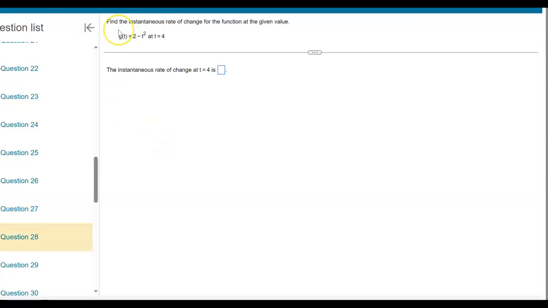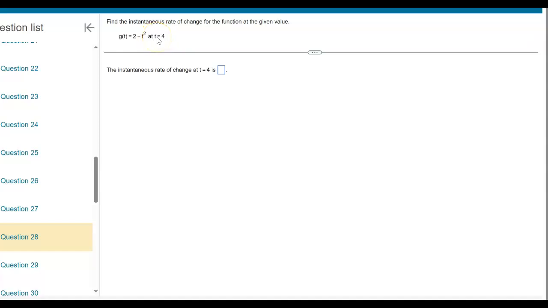Now for this next problem, we are to find the instantaneous rate of change for the function at the given value. Now here we are to find the value. Okay, so again, when you say instantaneous rate of change, that is just the derivative. The derivative of this function at t equal to 4.